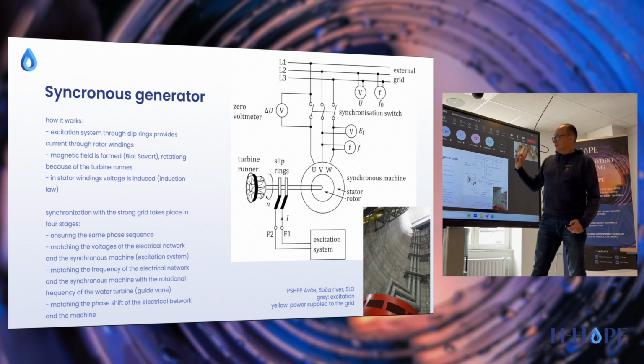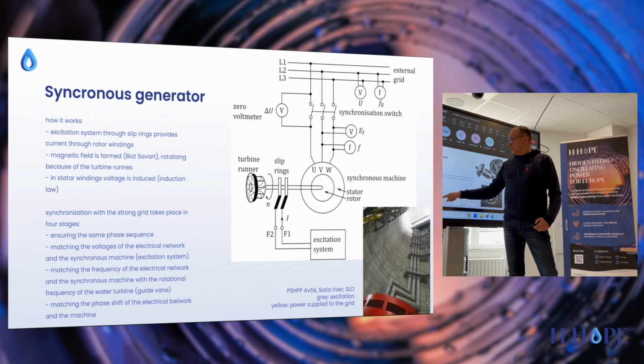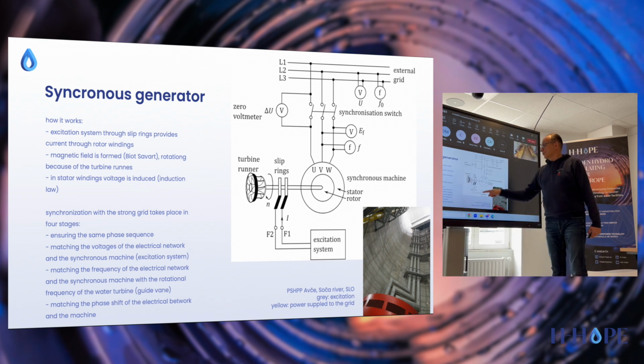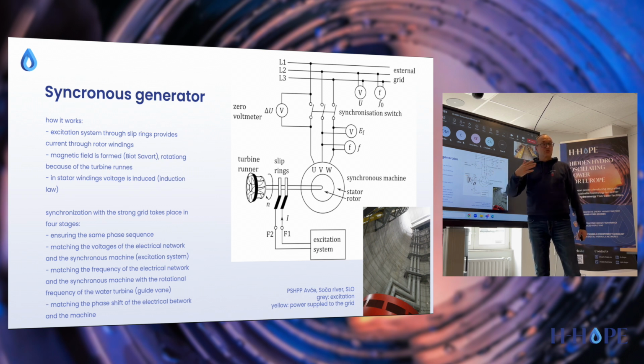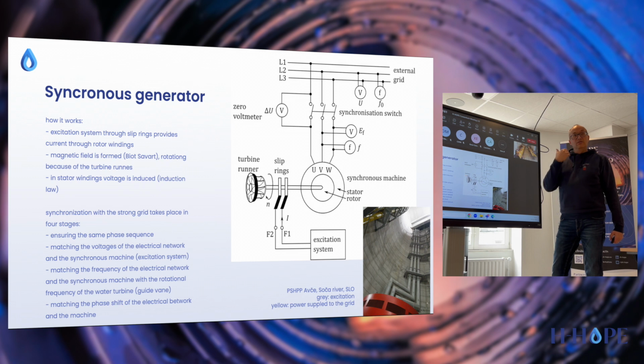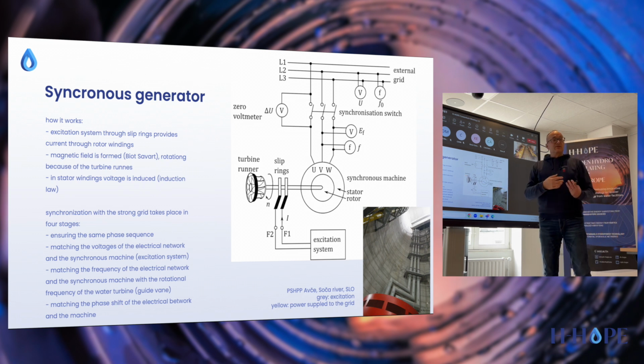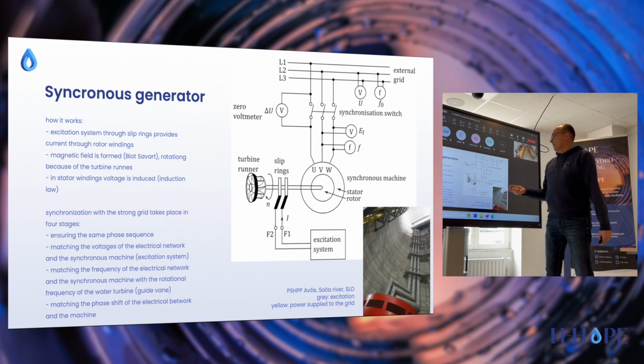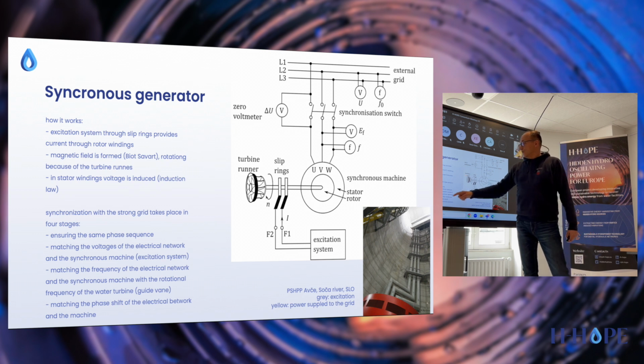You create a higher magnetic field, you get more induced voltage. So by changing the setting of the excitation system, you ensure that the voltage here is the same as for the external grid, and when the zero voltmeter shows you 0, then you are able, at least from the viewpoint of the excitation system, to synchronize.